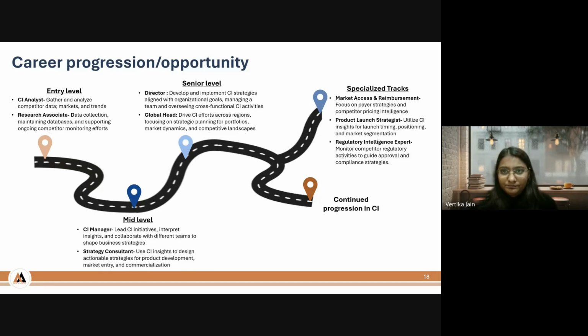Here's just a quick slide to show the roadmap of a potential journey that you could have within competitive strategy, competitive intelligence, business intelligence. One thing to note is that if you go into competitive strategy, this doesn't mean that you have to stay in competitive strategy for the next 10 to 15 years, for the rest of your career. The interesting aspect of where we work is that it's very cross-functional.